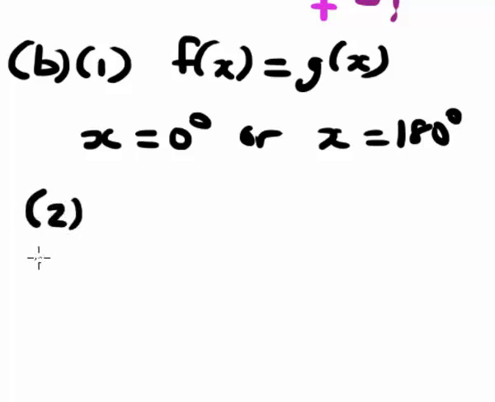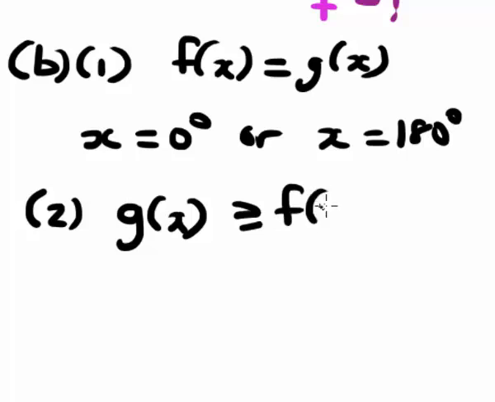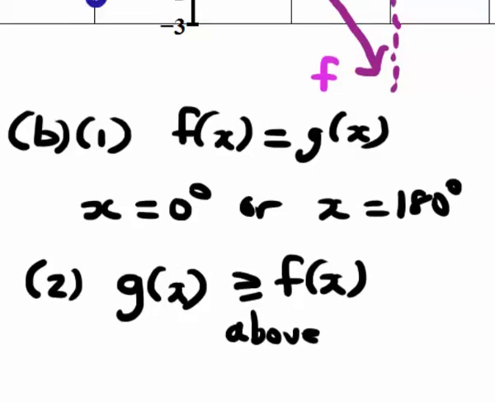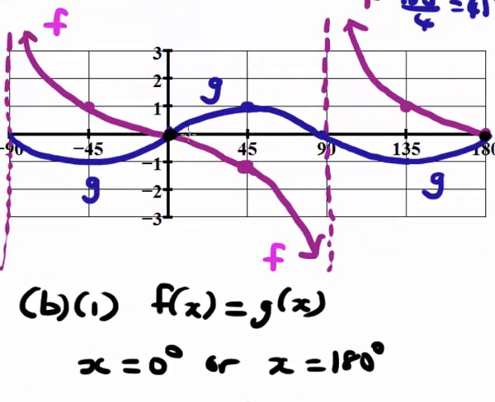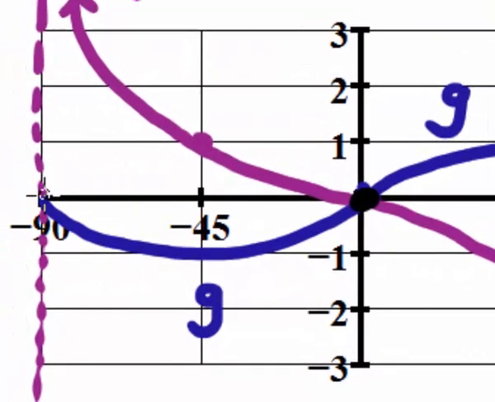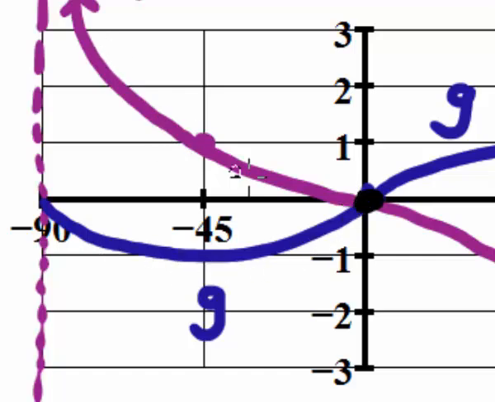The second one: for which values of x is g(x) greater than or equal to f(x)? Let's translate that into English. It says where's the blue graph above the purple graph? Where's the sine curve above the tan graph, and where does it cut? If you come from minus 90, you can see that the sine graph is always below the purple graph.